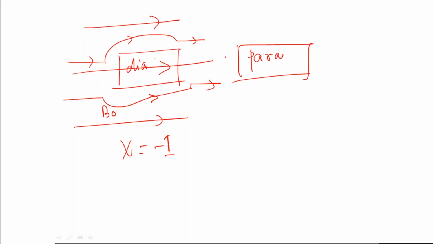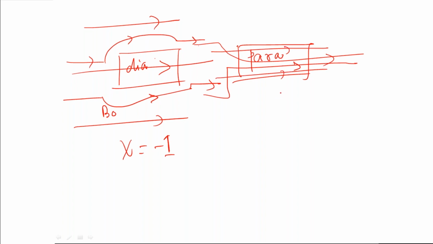So hardly one or two magnetic field lines may go inside, because see, the chi is minus. Chi is minus means the diamagnetic material will repel the magnetic field lines of external magnetic field.